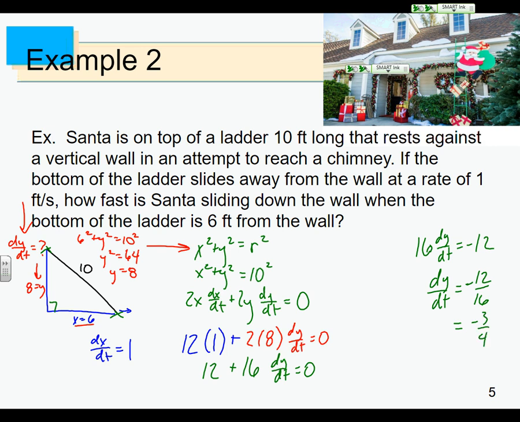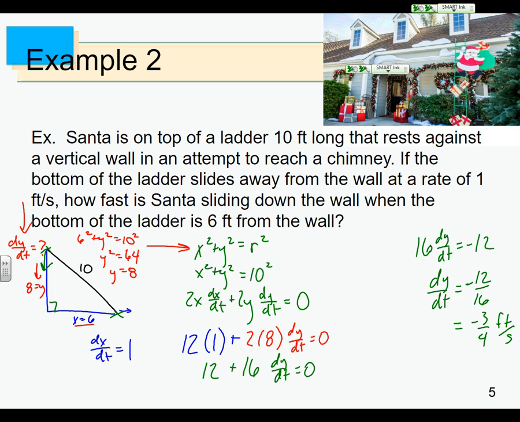Negative 3/4 what? Well, the ladder is in feet, and it's sliding away. We're measuring it in seconds. So while the bottom of the ladder is moving 1 foot per second, the top of the ladder is sliding down at negative 3/4 foot per second. And it's negative because it is moving in a negative direction going down.